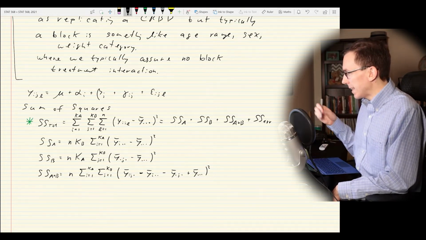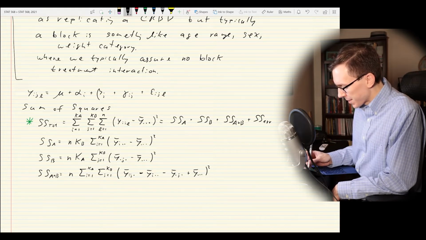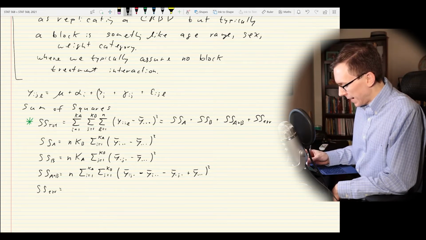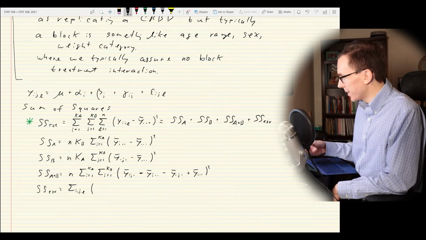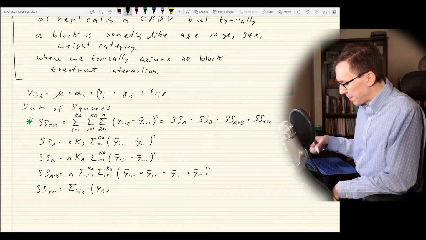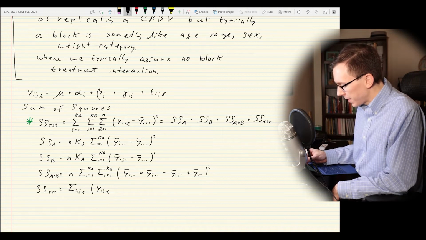Right, so we have that, and then we just have the error sum of squares, which is not too exciting. The error sum of squares in this case is just summing over all i, j, and l the usual thing, where there's a bar in there that I need to remove, a typo in my notes. We're summing the ijlth observation minus the ijth interaction category mean.